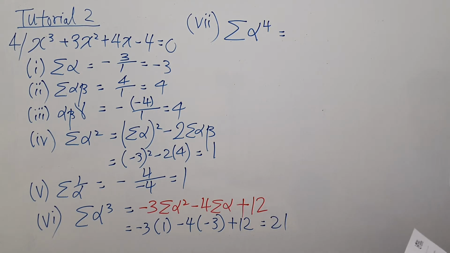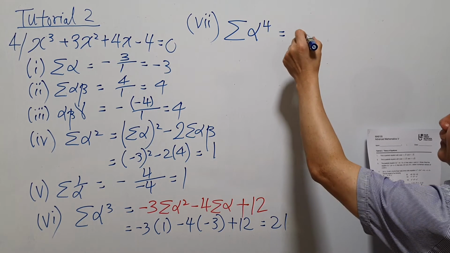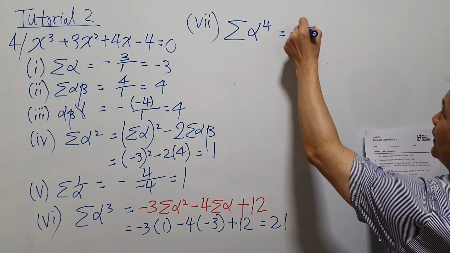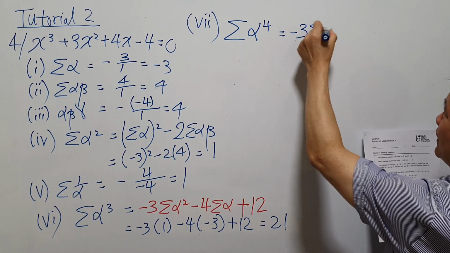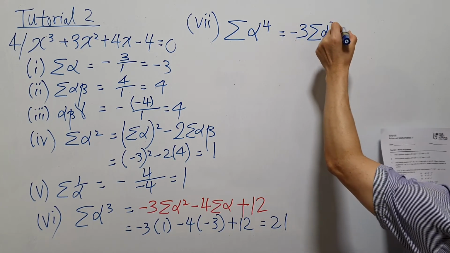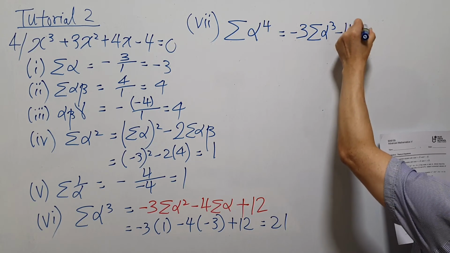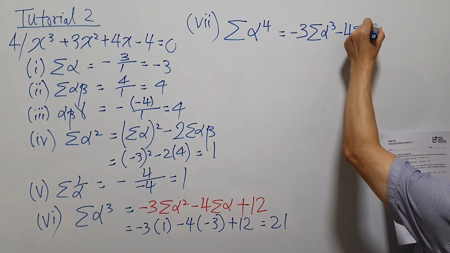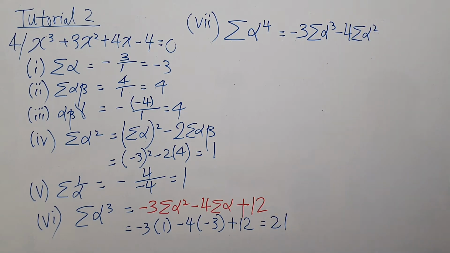So by the similar steps, I can write this thing as, okay, let's see, you can read my mind. This is going to be minus 3 summation alpha cube minus 4 summation alpha squared. I hope you can tell me what I would write for the last one.